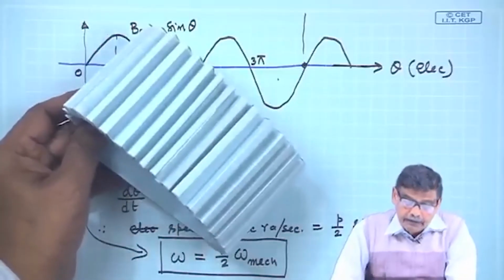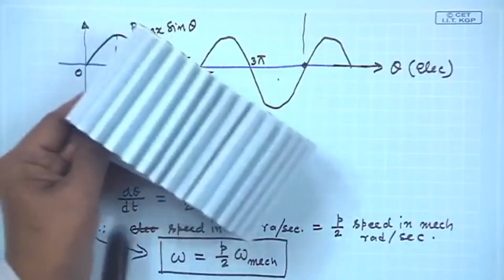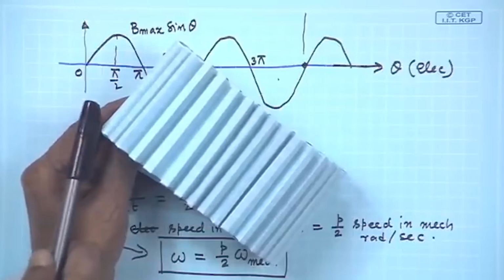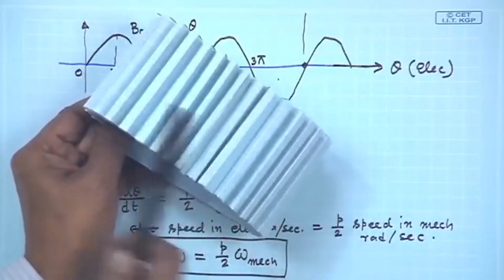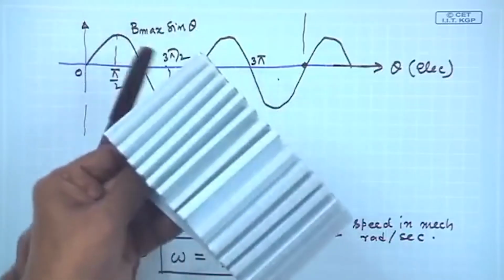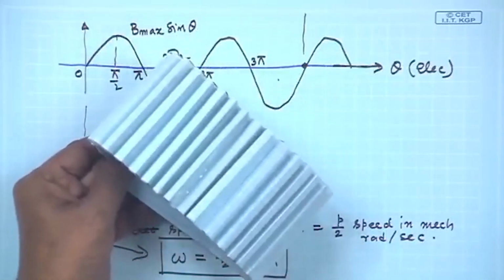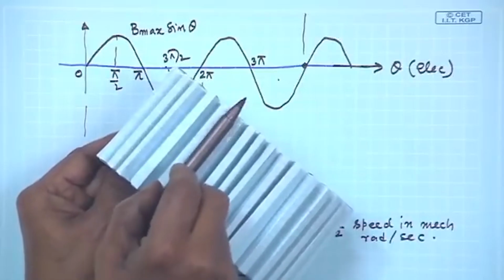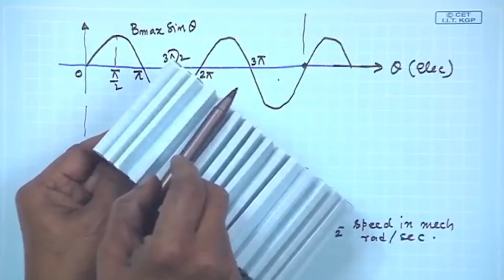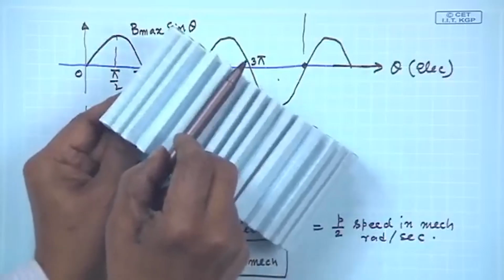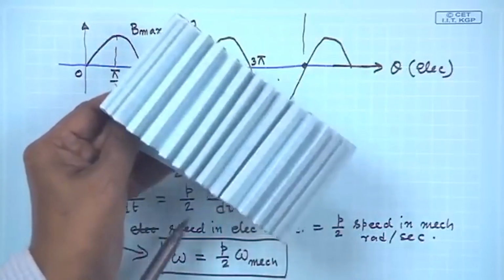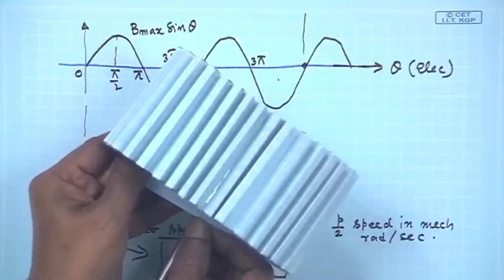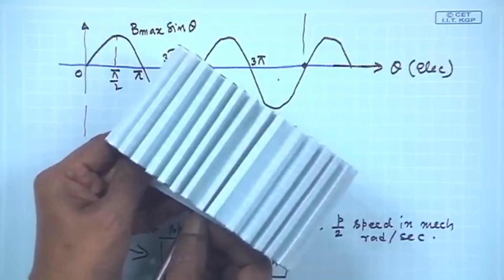Now, at this point you try to understand, if it is a 2 pole machine, then half of the slots will be under north pole and the remaining half will be under south pole. So, if you have placed one conductor in this slot under the center of the north pole, its return conductor should be placed under the center of the south pole, so that the maximum voltage will be induced.